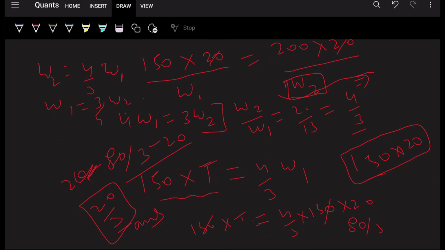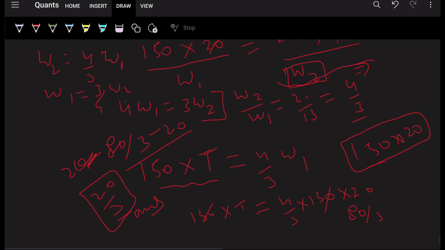When 150 workers are doing the remaining work W2 for say T days, W2 is 4 by 3 of W1, and W1 is nothing but 150 into 20, because the number of men is 150 and 20 days are there in total.